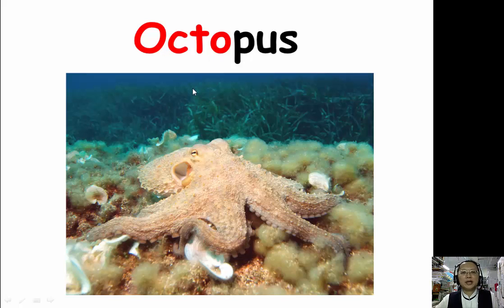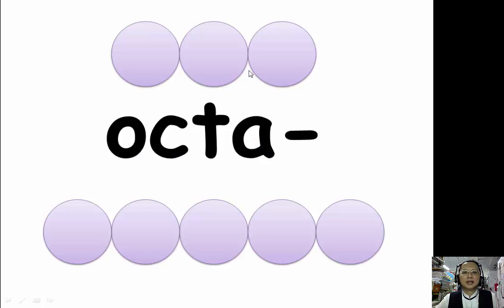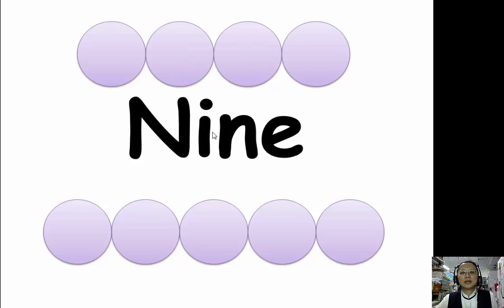And octo means 8, which we have just learned. And October, I think there's no need to explain it again, right? October is the 10th month of the year, although OCT means 8. So we learn octa means 8.